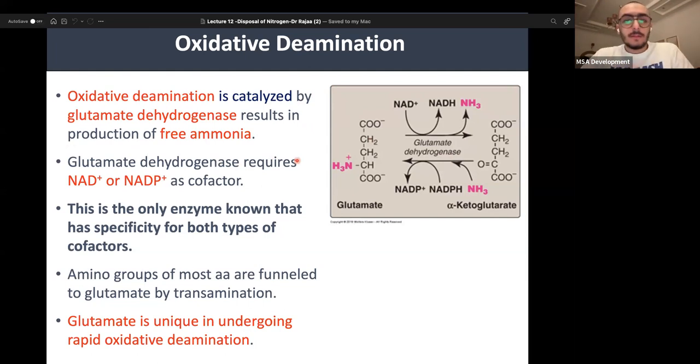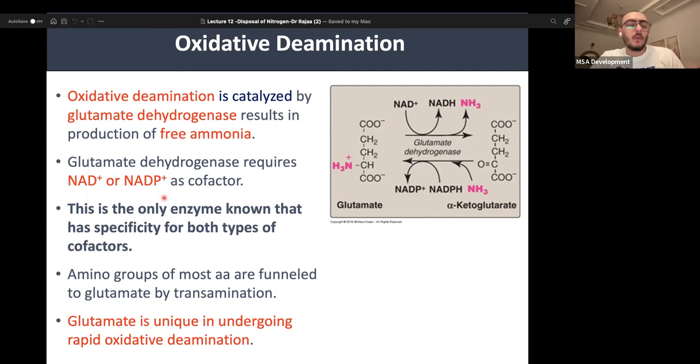Another important thing about oxidative deamination, it requires NAD or NADP. So a cofactor for glutamate dehydrogenase is NAD or NADP plus, of course. Remember how pyridoxal phosphate, or vitamin B6, was a cofactor for any transaminase reaction or any transaminase enzyme, basically ALT and AST.